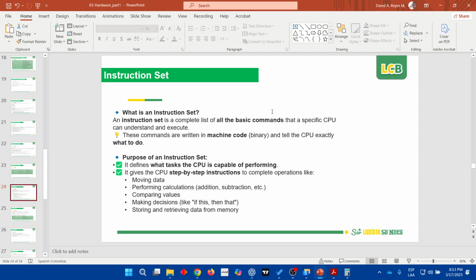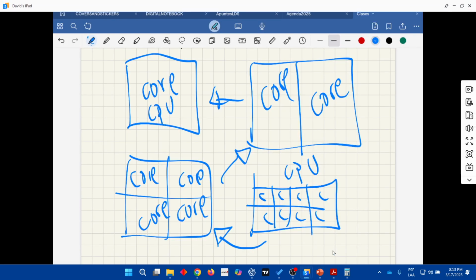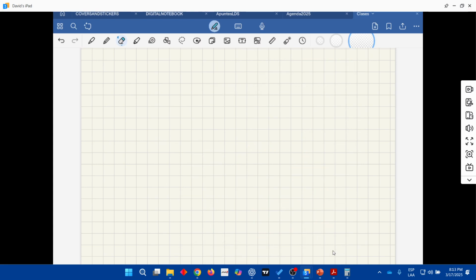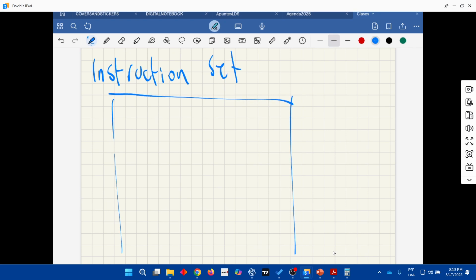Let me give you an example here. I think with this example, you are going to understand what is meant by instruction set. An instruction set is just a list of instructions that is going to be executed.